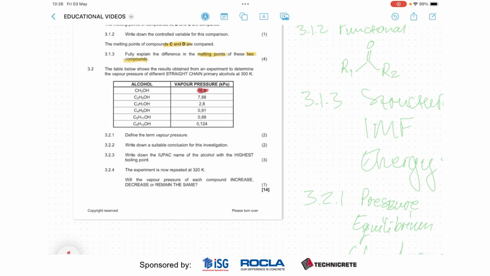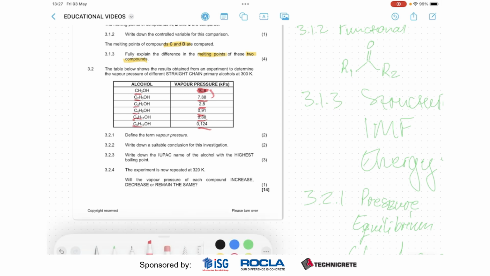Well, I suppose we don't know. I guess all of them could be primary, so that doesn't matter. But we basically have methanol first, 1 carbon, and then we have 2 carbons, and the pressure drops from 16 to 7, then 3 carbons, and it drops again, 4 carbons, it drops again, 5, it drops, 6, it drops even more.